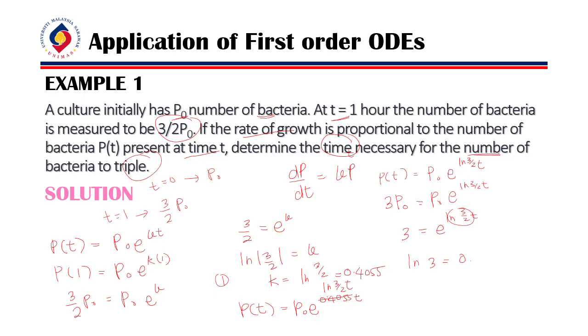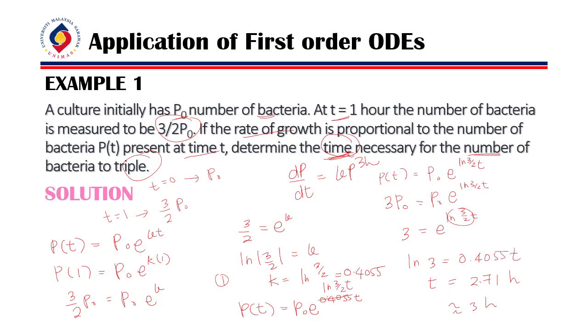I just use this. So we get t is equal to ln 3 divided by 0.4055, which gives us the answer of 2.71 hours, or approximately 3 hours. So after 3 hours, the number of bacteria is triple.